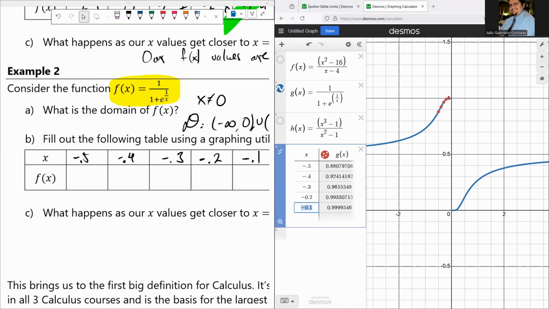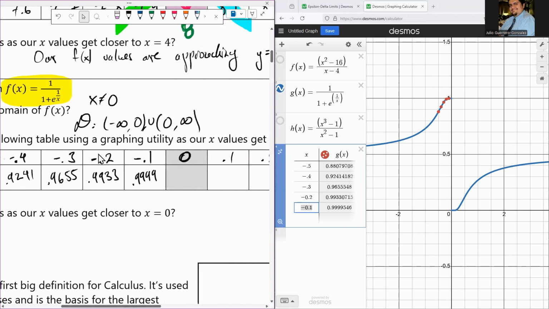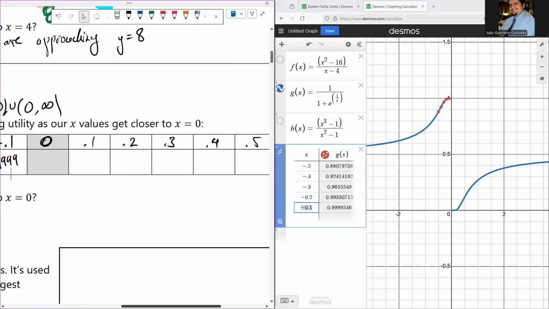Okay, so this is going to have a little bit of rounding in it, but that's okay. 0.88, 0.8807, right? 0.9241, 0.9655, 0.9933, and then the last one, 0.9999. Okay, awesome. I'm going to go ahead and scooch this over, right?